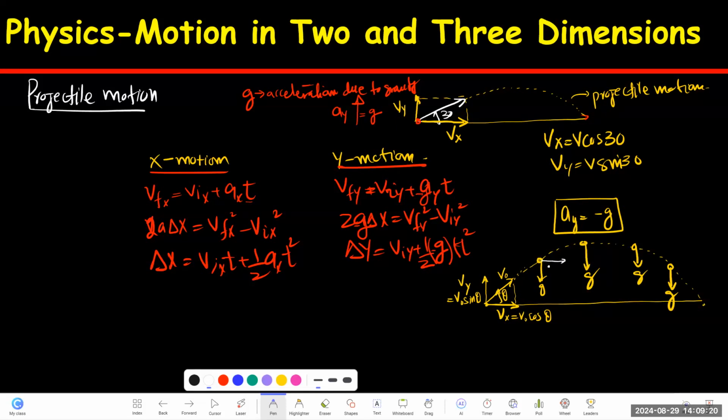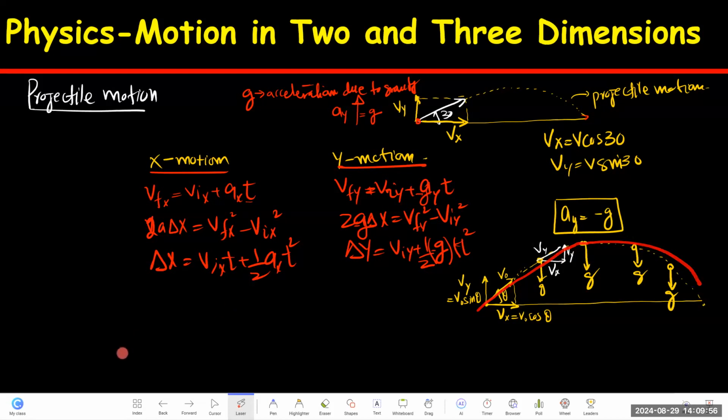One velocity is called vx, and this one is vy. At this point, the object is going to go up, stop, and then come down.